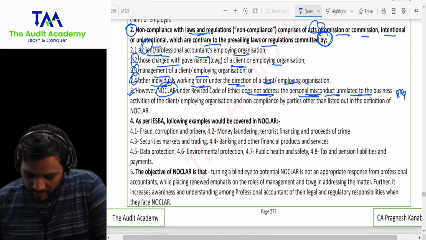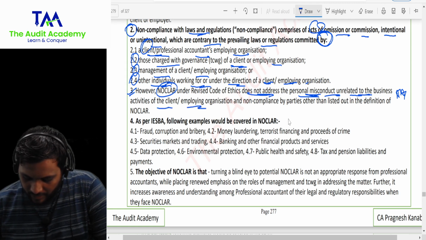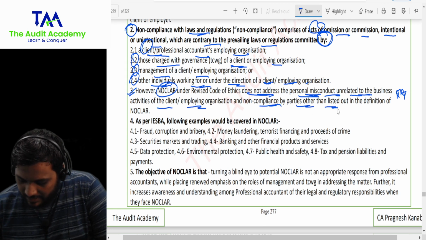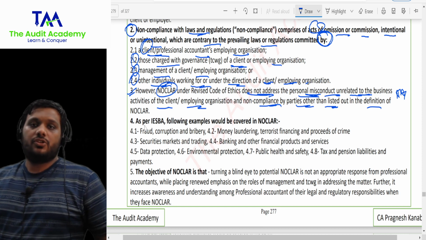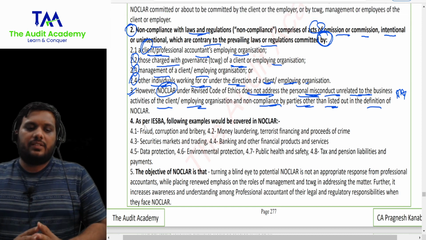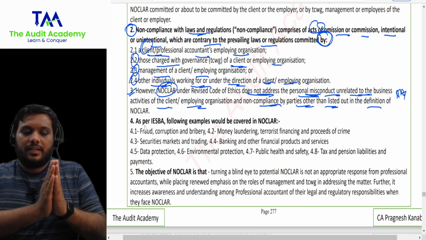Personal misconduct unrelated to the business activities of the client or employing organization, and non-compliance by parties other than those listed, are ruled out in the definition. So if there is non-compliance with laws and regulations, by whom?